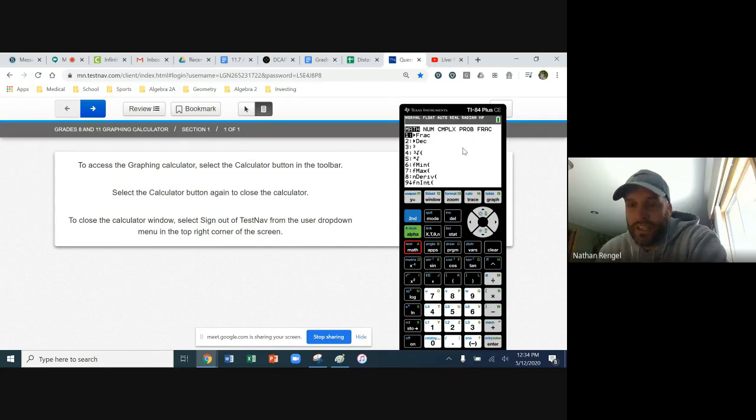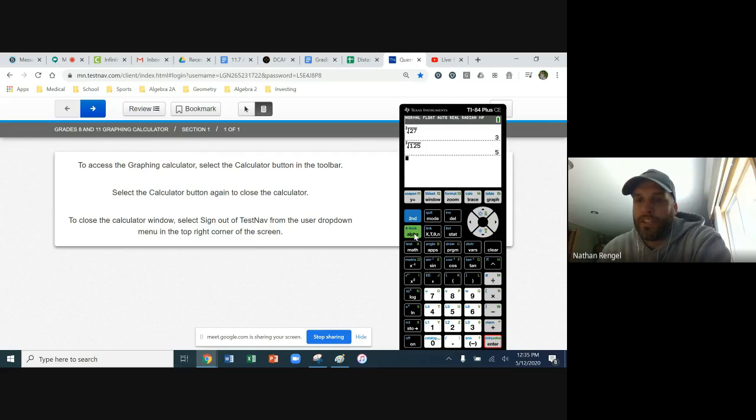Math has all operations that aren't used very often, but are still used a lot in math. So you have all these different options here. You're going to want to stay right on math, and you're going to head down to number 4, cube root, and then we'll put in our first value, which was 27. And there's our result. Hit math again. I just skip scrolling down, just hit number 4, and you can hit 125.